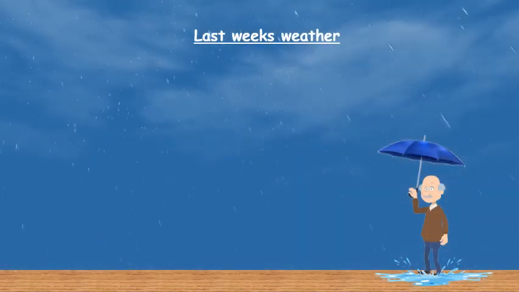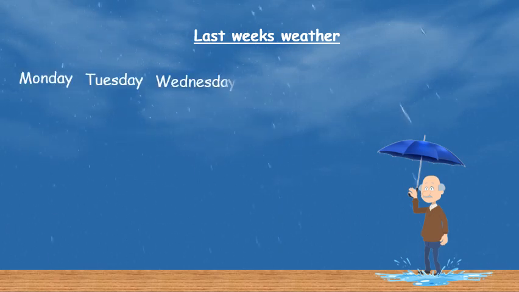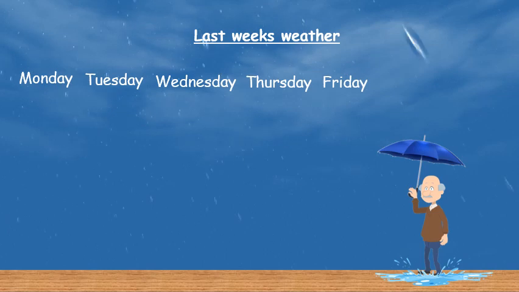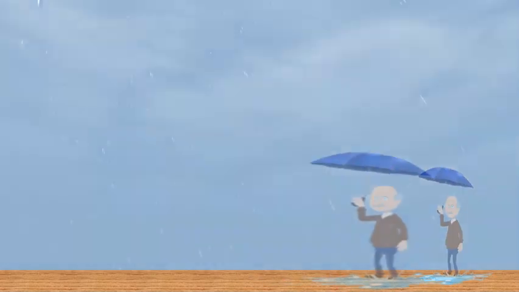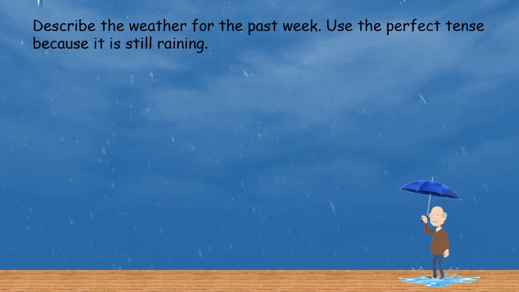Last week's weather. Monday, Tuesday, Wednesday, Thursday, Friday, Saturday, Sunday. Describe the weather for the past week. Use the perfect tense because it is still raining.